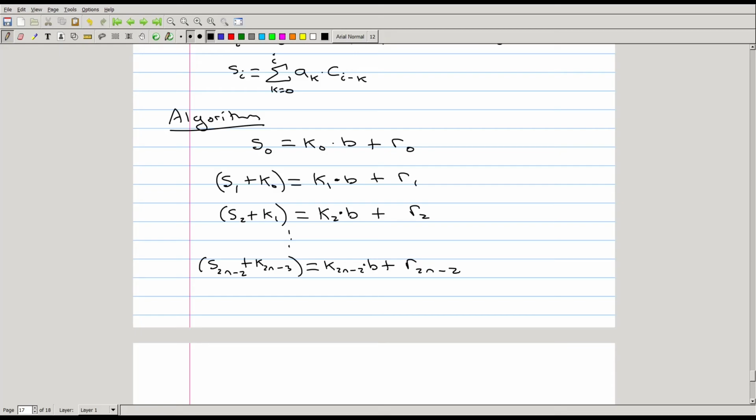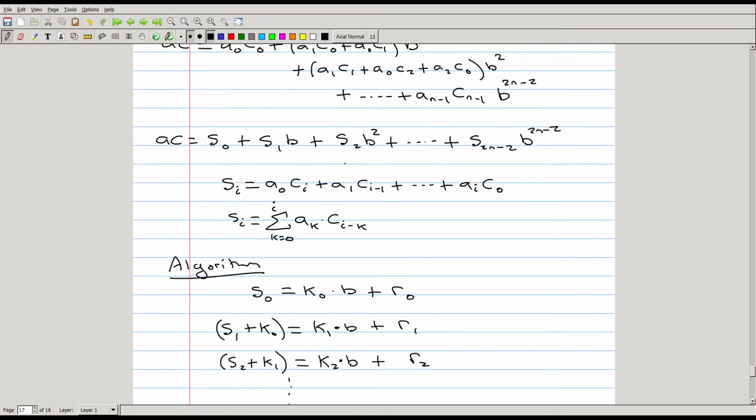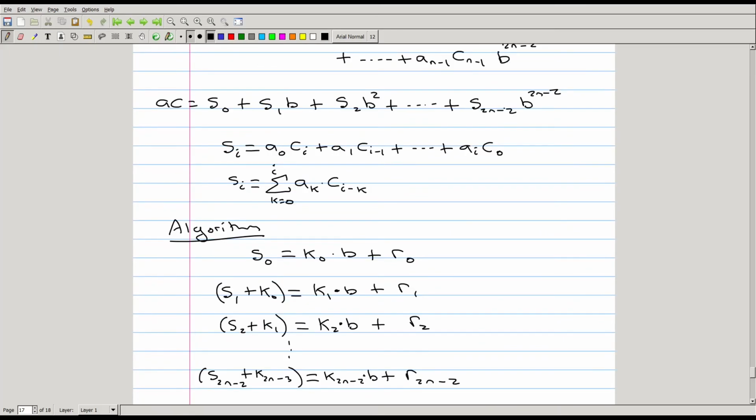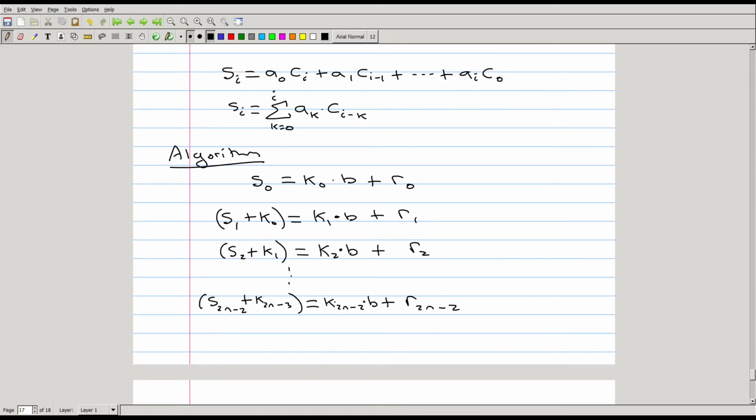But in general, we can't stop here, because even though R2n minus 2 is strictly less than B, in general, we don't know if this K2n minus 2 is 0, and typically it's not.